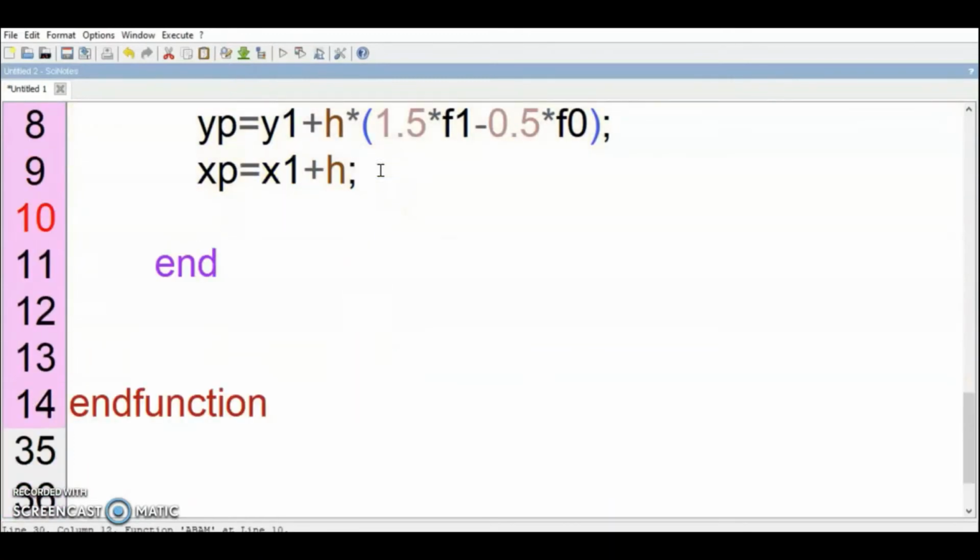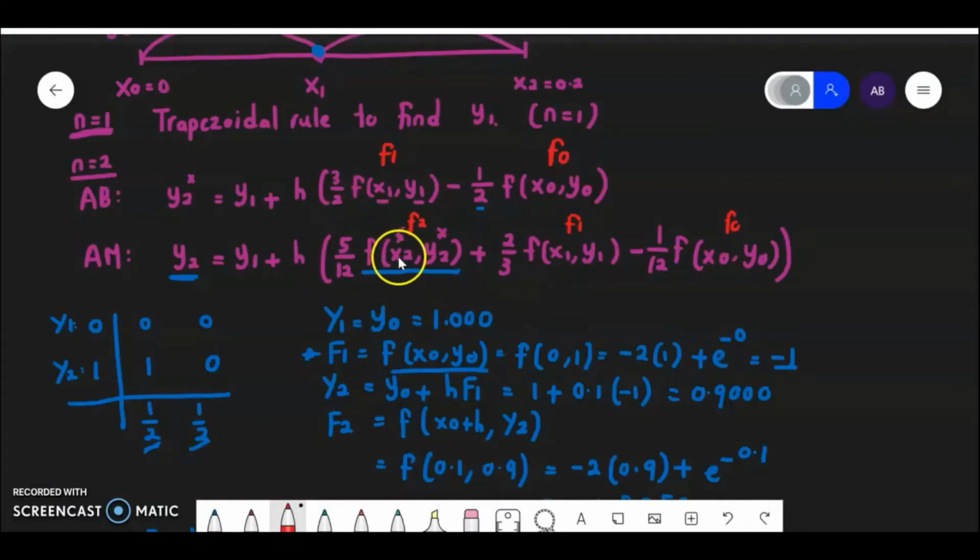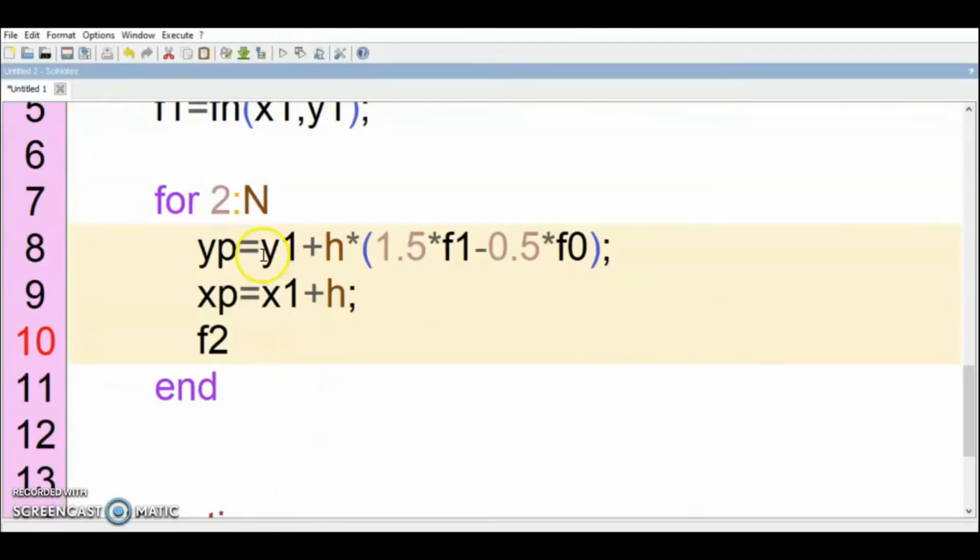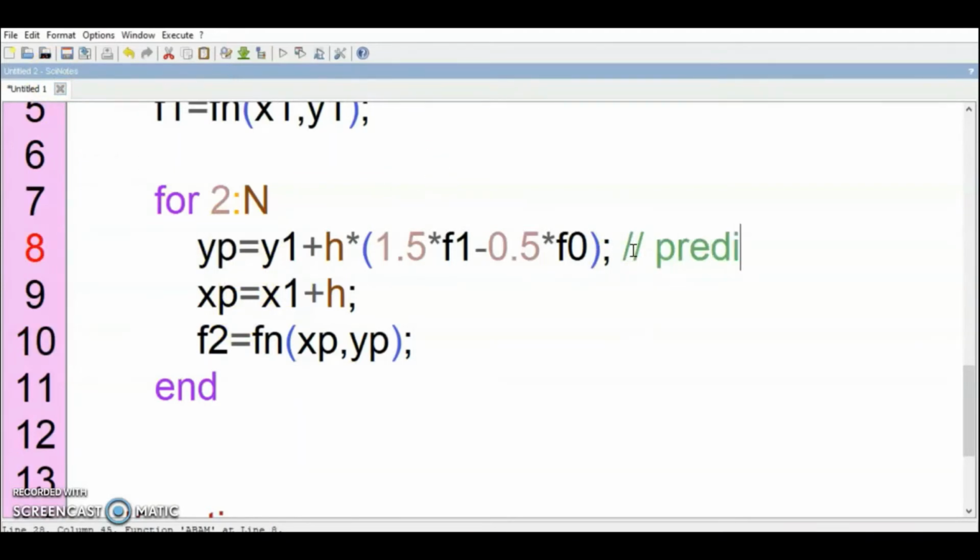Now we need to find f2. This f2 is f of x2 y2, which you obtain by the predictor method, f of xp yp, predicted using Adam Bashforth AB.